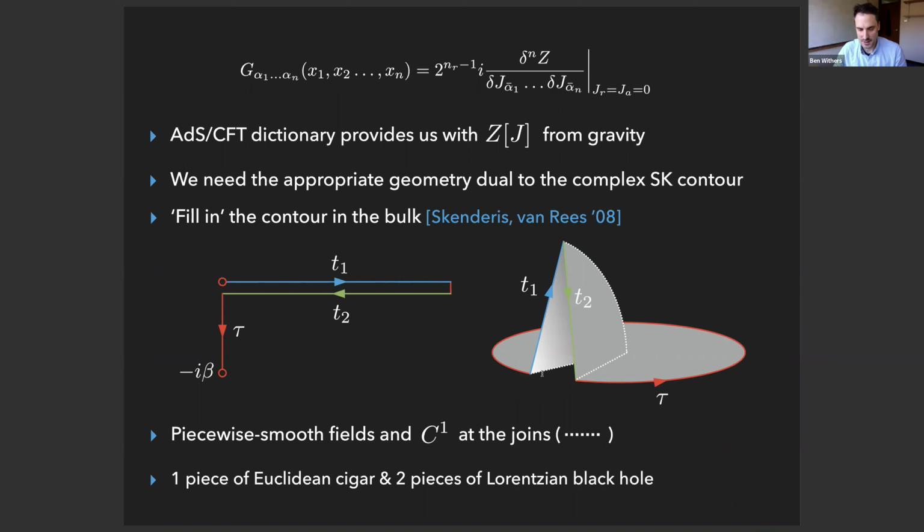And then in that cut, you would attach these Lorentzian segments in a way that's smooth C1 at these joins, denoted by these dashed lines. And then in the Lorentzian, at some late time surface, or however late you need it to be for your insertions and your sources, you would glue the two Lorentzian pieces together, again along this dashed line. So this is just a way of constructing a solution to the Einstein equations, and therefore a saddle point for our gravitational path integral, where the boundary is this Schwinger-Keldysh contour.